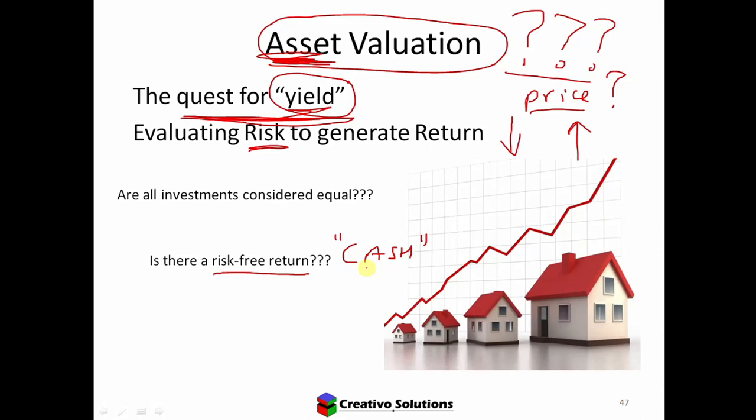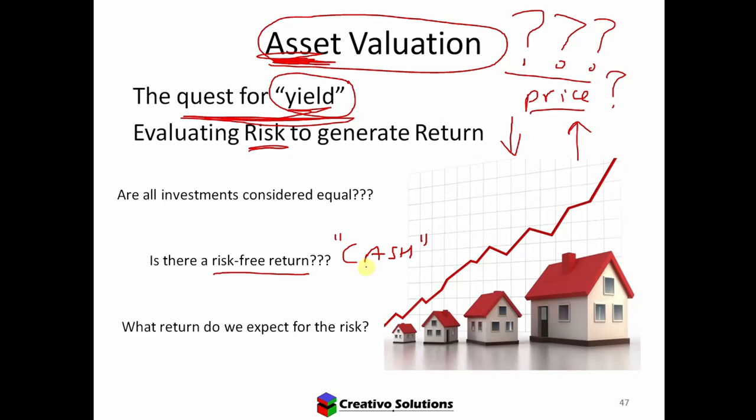They were worthless. And that can happen where assets can be valued very high, and then those prices can fall very quickly. And if that does happen, those asset values can decrease. So just remember that if we're looking at a risk-free return, we're looking at some sort of asset that doesn't carry any risk, and that's generally considered cash.